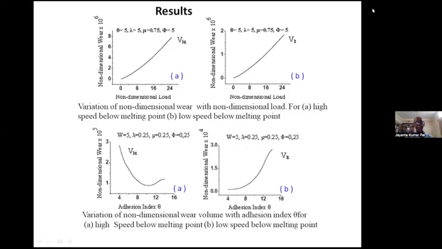This again is expected because at low speed we would expect no abrasive wear, and also a little bit less fatigue wear. And this would explain the low non-dimensional wear in figure B.